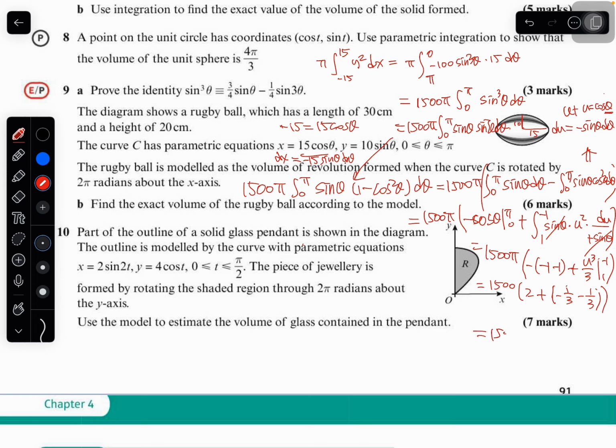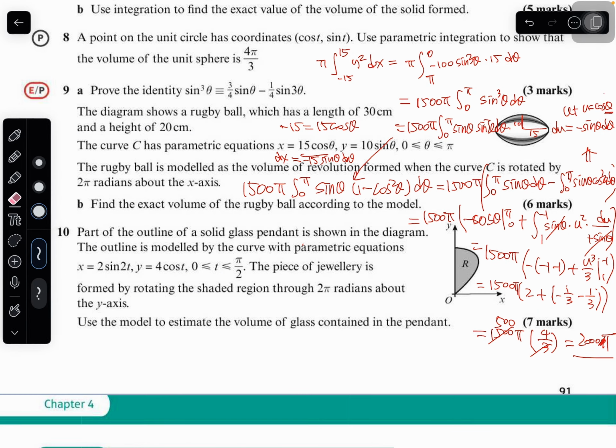So 1500 pi times 2 minus 2 over 3. So 4 over 3. So 2000 pi. So I think the exact volume is 2000 pi cubic centimeters.